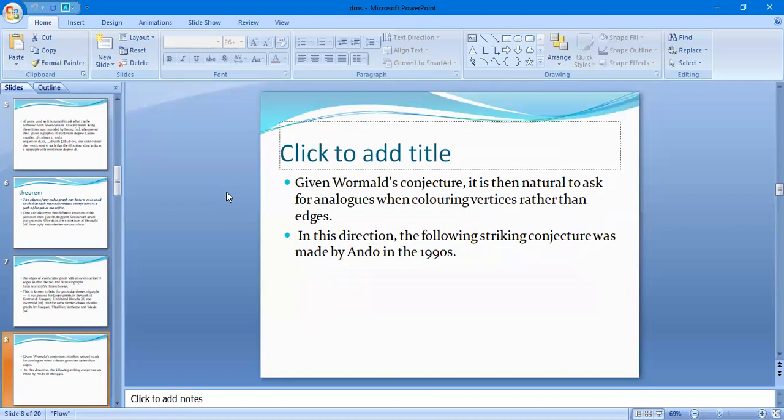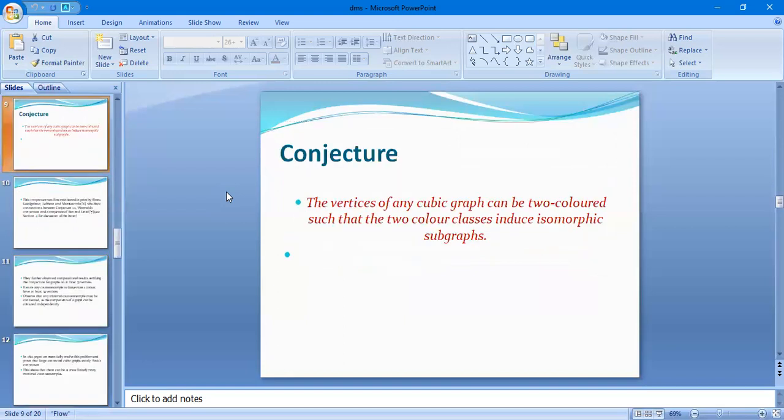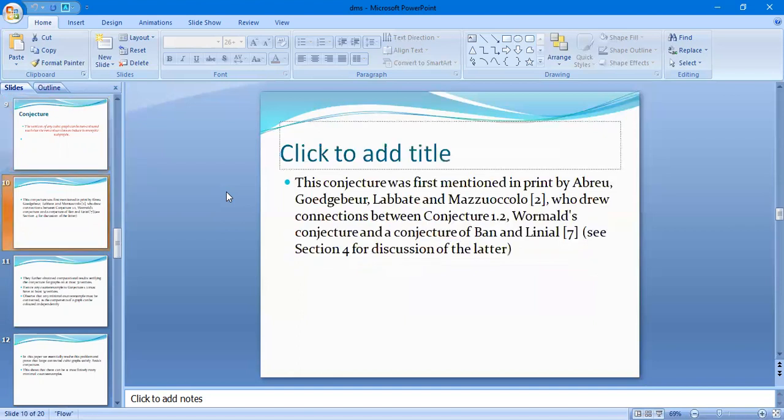Given Wormald's conjecture, it is natural to ask for an analogue when coloring vertices rather than edges. In this direction, the following conjecture was made by Andrews in the 1990s. Conjecture. The vertices of any cubic graph can be two-colored such that the two color classes induce isomorphic subgraphs.